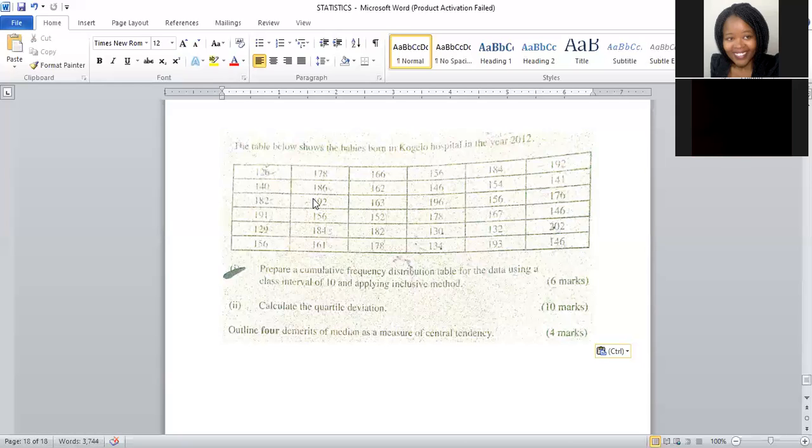If you are about to say it will be 126 to 136, whereby you just add 10. Are you getting? If you get 126 plus 10, that will give you 136, right?